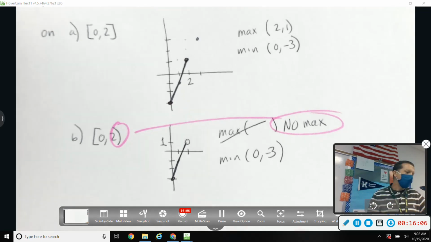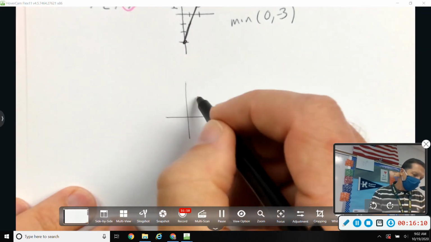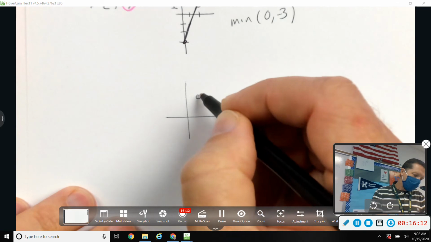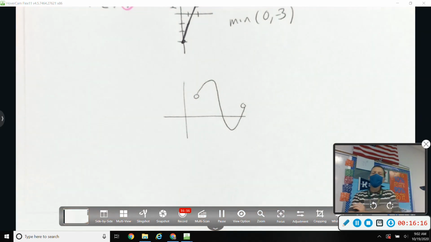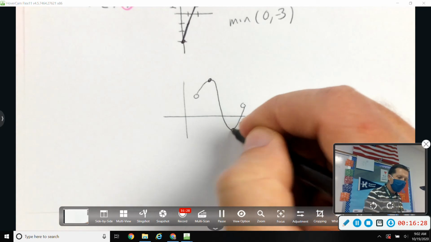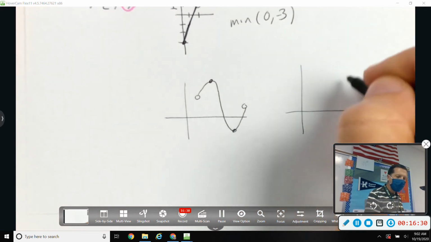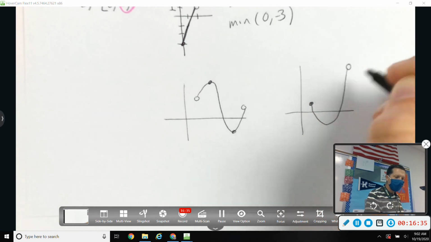And again, I say you may not be able to get to because if this was our graph, does that graph have a max? Yep. Does it have a min? Yep. So just because there are open circles doesn't mean it doesn't have one. It just means you better be very careful. So if that high point occurs at the end of a graph, well, then you got a problem.